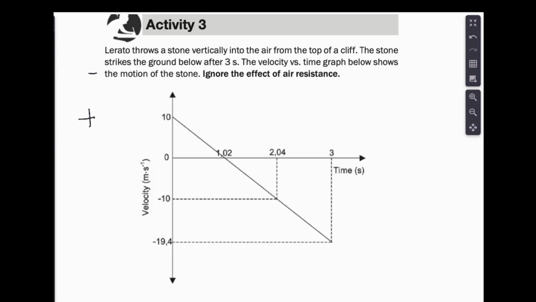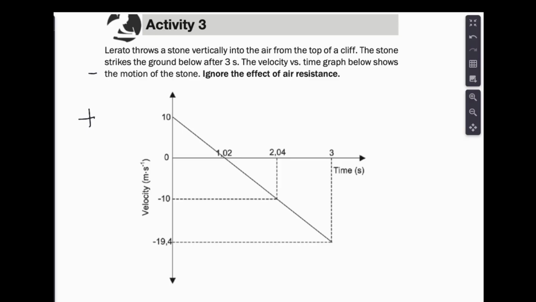Okay, now the graph says that the stone traveled, right, 2.04 seconds. It reached a negative 10 velocity.